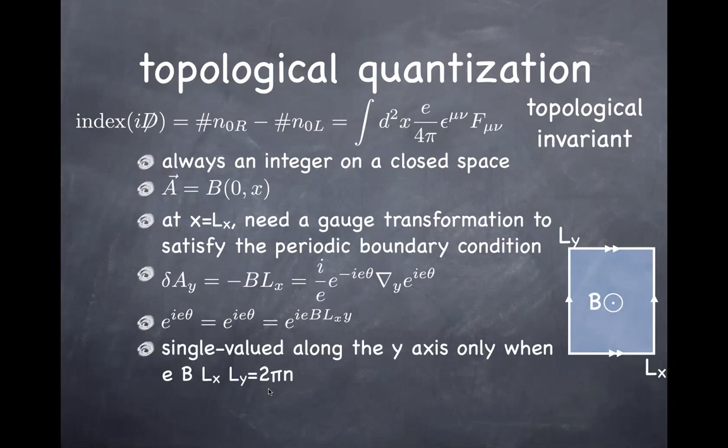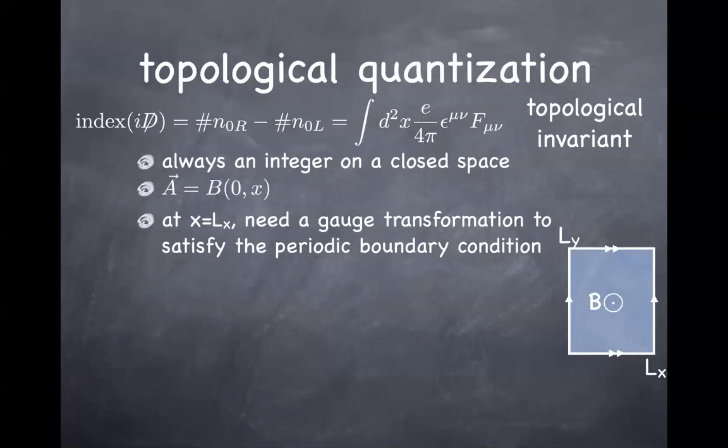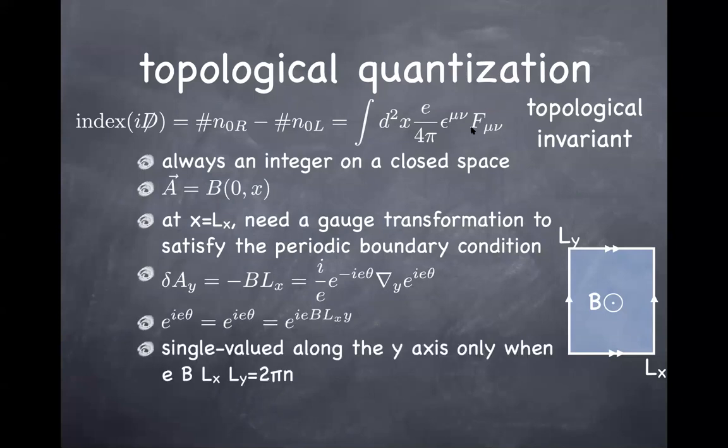This is precisely the quantization condition we talked about, because e B Lx Ly is the spatial integral, and divided by 2 pi it is n, which is an integer. So this is exactly an example where the integral of the gauge field has to be an integer because of the consistency of the gauge transformations acting on this periodic space.